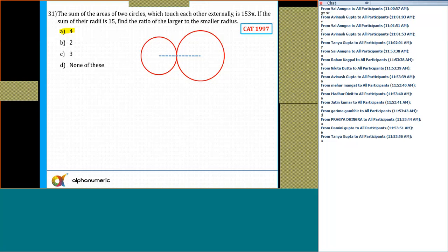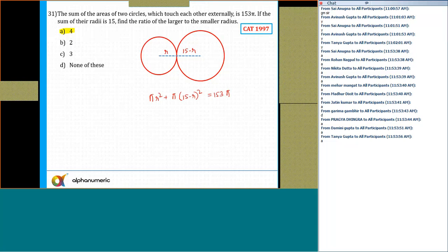Let's say the radius of the first circle is r, then the second will be 15 minus r, or you can say r1 plus r2. Now find the ratio of the larger circle to the smaller circle. The area is pi r square plus pi into 15 minus r whole square, equal to 153 pi.